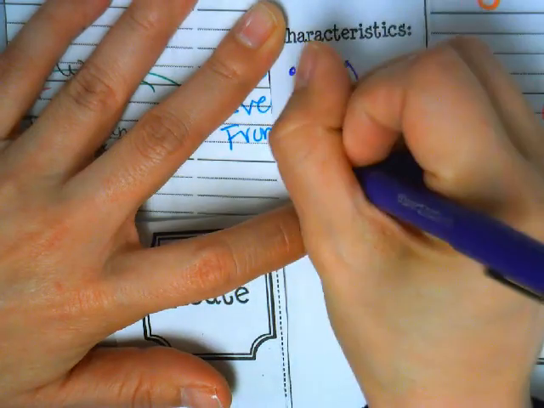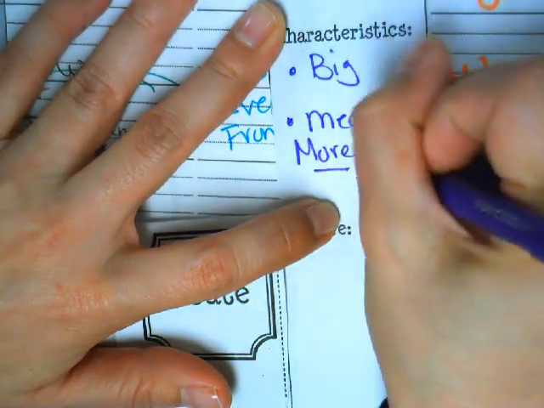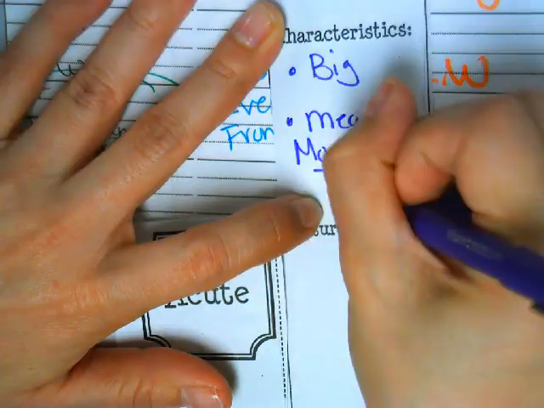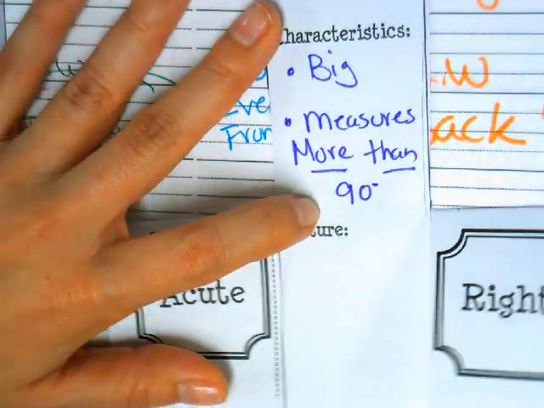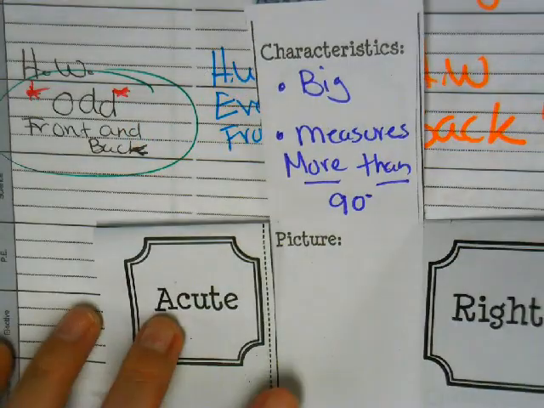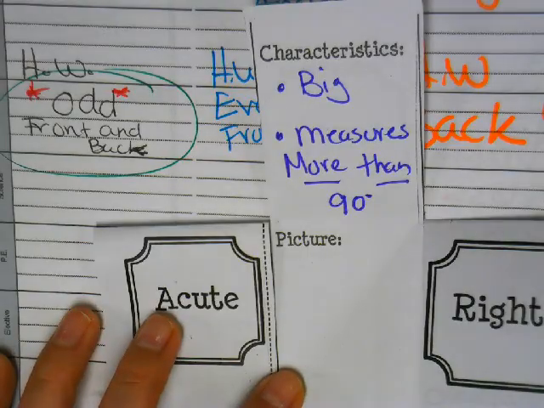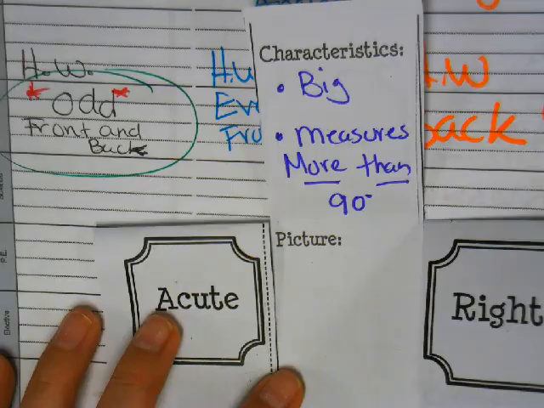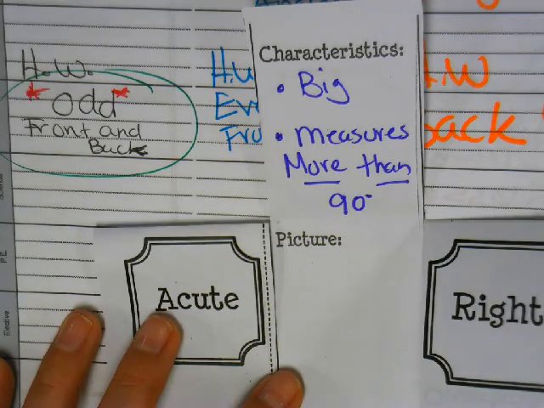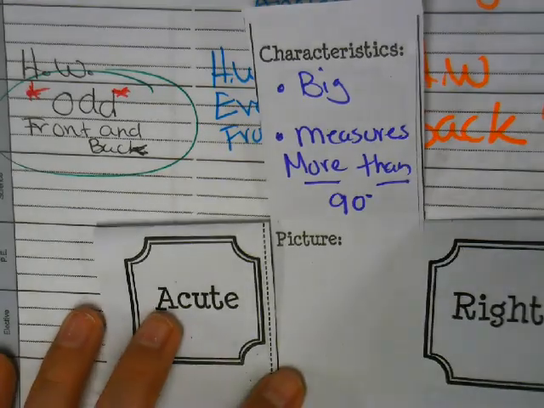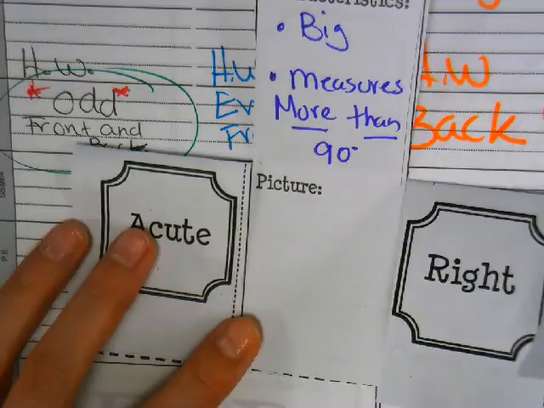More than 90 degrees. So, measures more than 90 degrees. All right. Look, I'm struggling, but I need you to learn this. How many of you already learned this before today? Good. A little review.